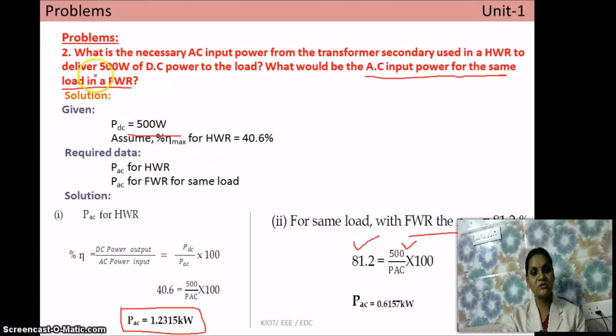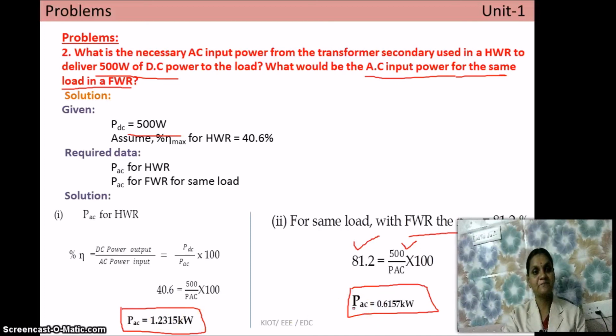Here the load is taken as 500 watts. For the same load, the same amount of power will be delivered. So for the full wave rectifier also we have to use the same amount of DC power. So we consider the same 500 here, and from that you need to find PAC. So the PAC value is 0.615 kilowatts. This is the answer for the second problem.